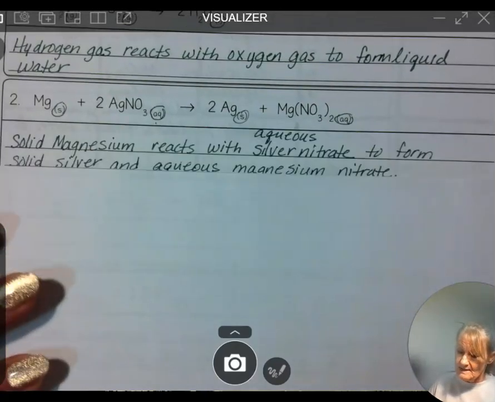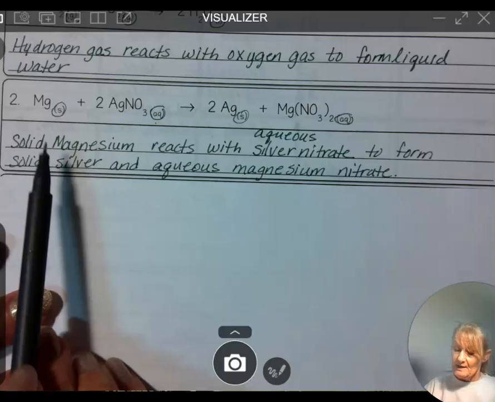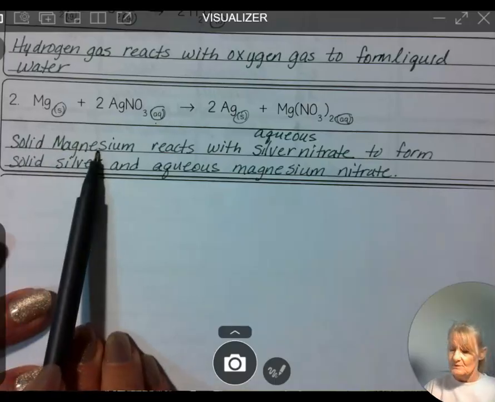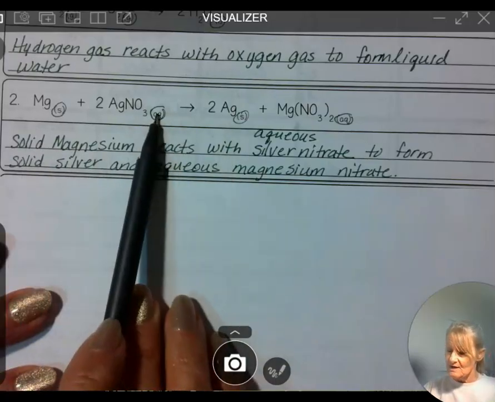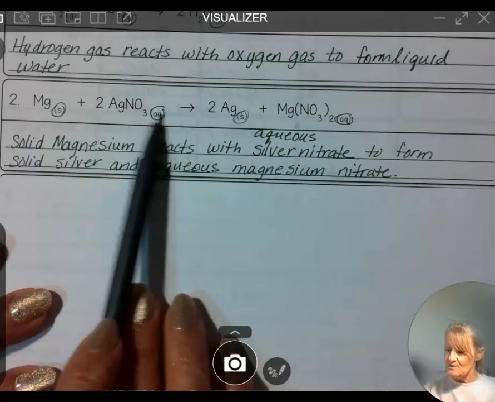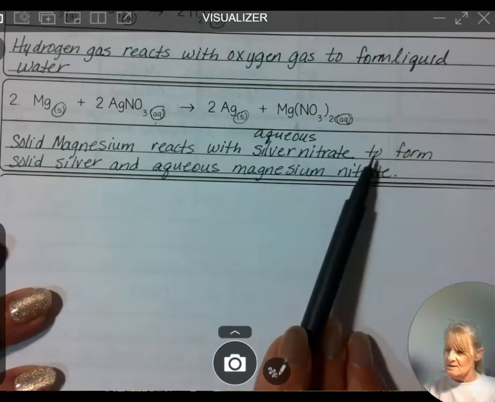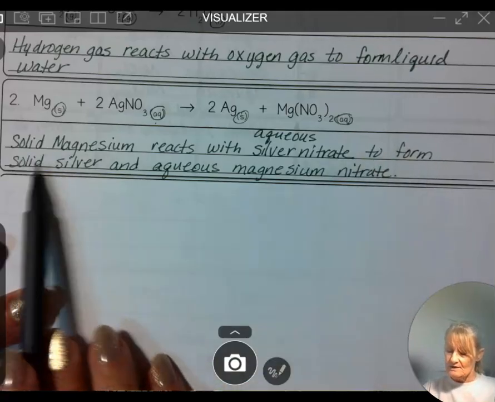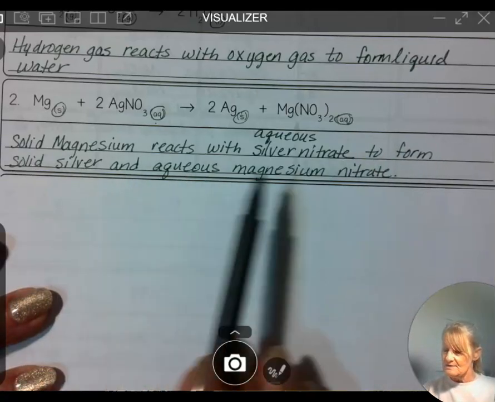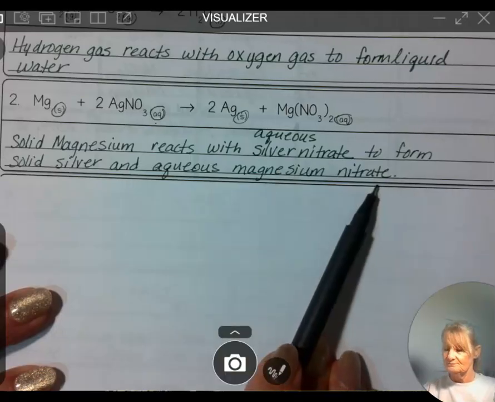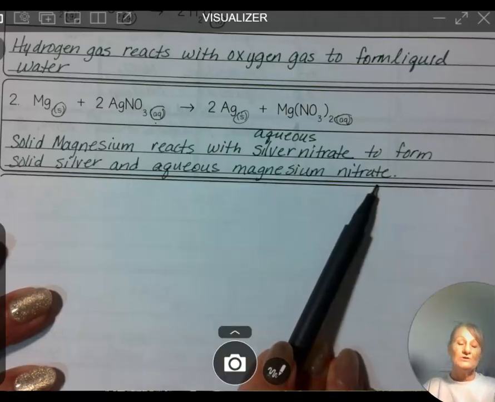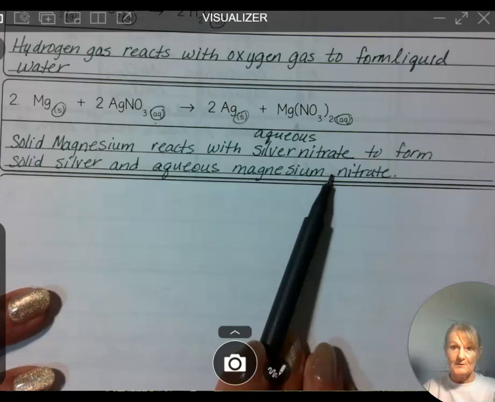Okay, so again, here's how we write it. Solid magnesium reacts with, I forgot my aqueous when I wrote it out the first time, aqueous silver nitrate. If you forget it, just squeeze it in, to form solid silver and aqueous magnesium nitrate. Now, just a reminder, guys, if you are working with your transition metals, remember you're going to need the Roman numerals in here.